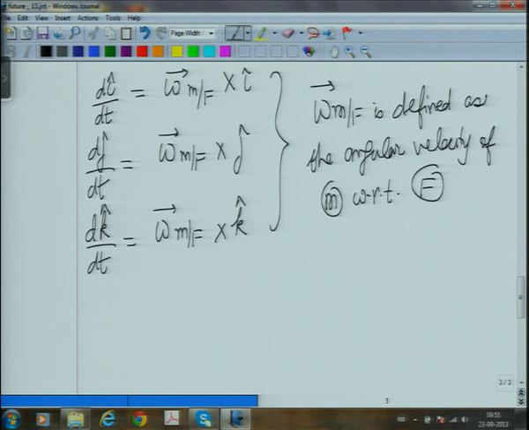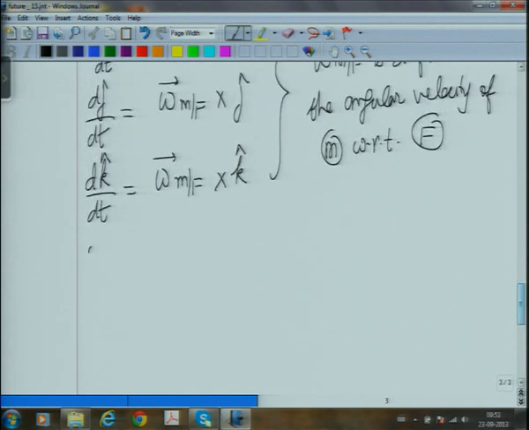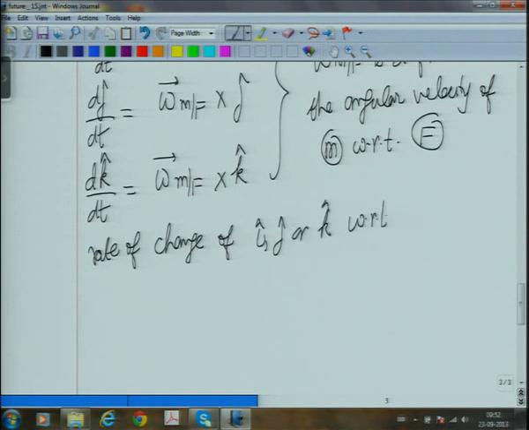So, this gives us the rate of change of small i, j or k with respect to time as observed from frame f. Now, notice we chose arbitrary orientations for x, y, z.